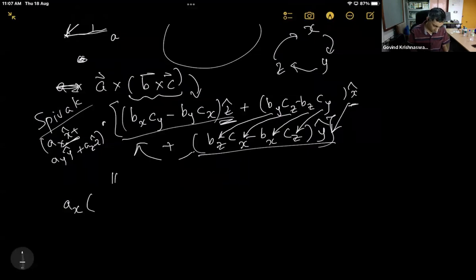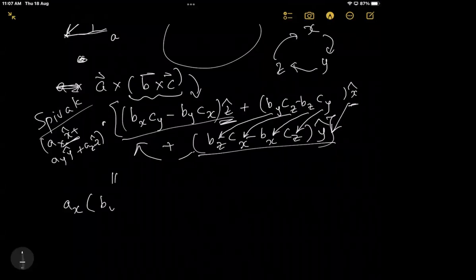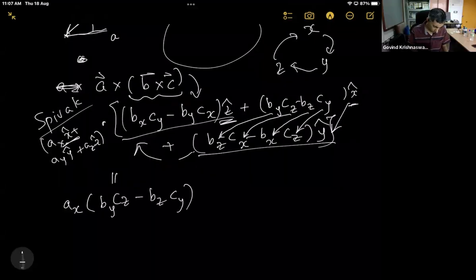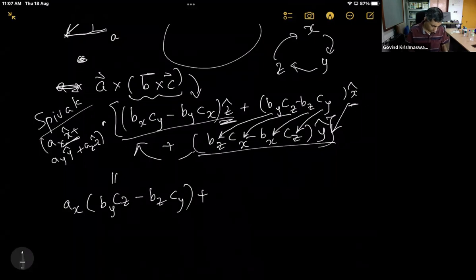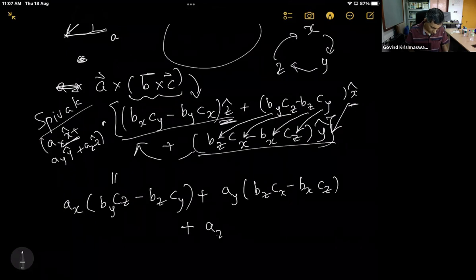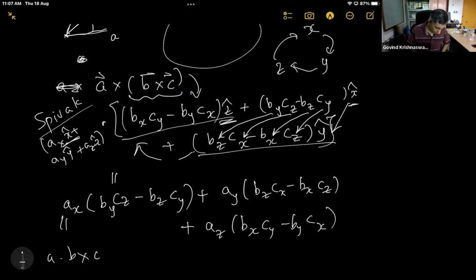So only that term needs to be retained: AX times BY CZ minus BZ CY. Then the next one, AY times BZ CX minus BX CZ. And finally, AZ times the Z component, which was BX CY minus BY CX. So this is A dot B cross C.